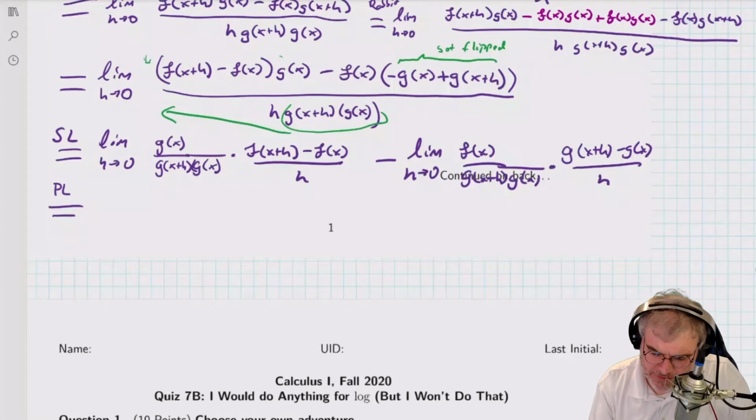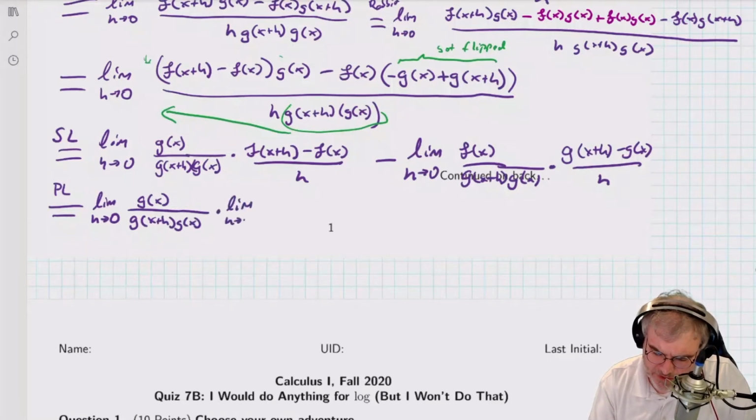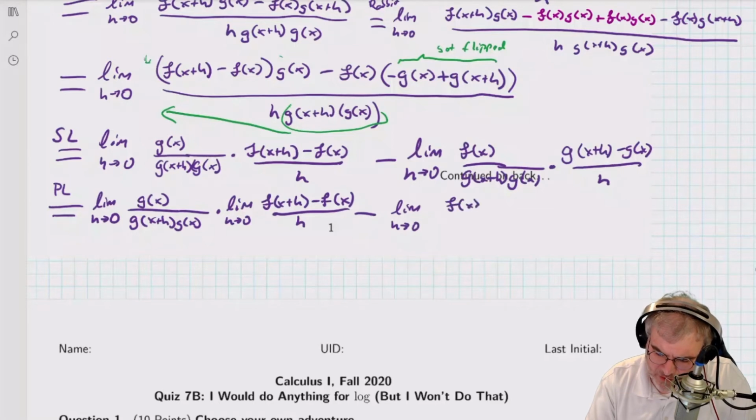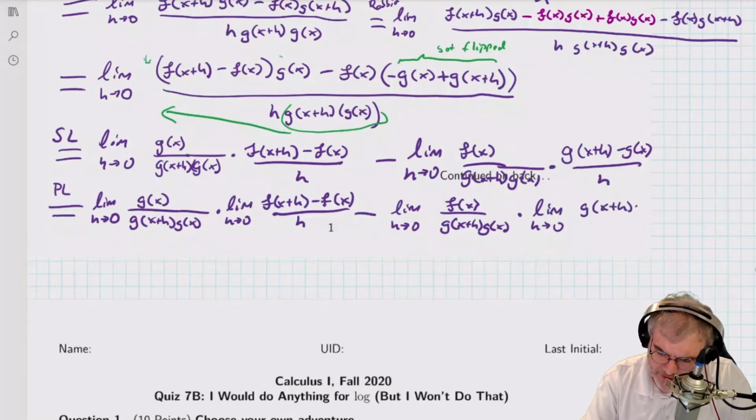Okay, so this becomes the limit as h goes to 0 of g of x over g of x plus h, g of x, times the limit as h goes to 0 of f of x plus h minus f of x all over h, minus the limit as h goes to 0 f of x over g of x plus h, g of x, times the limit as h goes to 0 of g of x plus h minus g of x all over h. Okay.